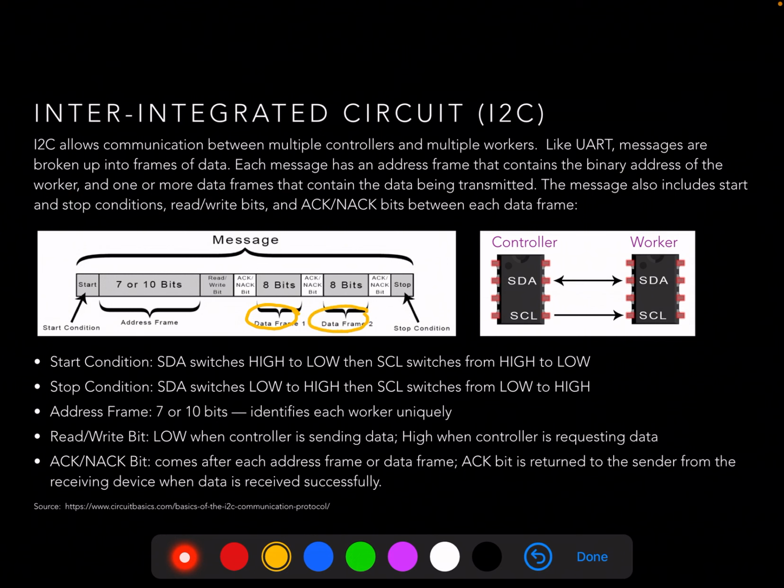The message also includes start and stop conditions, which are well defined for I2C, a read or write bit that indicates whether data is being read from a worker or written to a worker, and acknowledge bits that allow the worker to indicate that it successfully received or transmitted information.